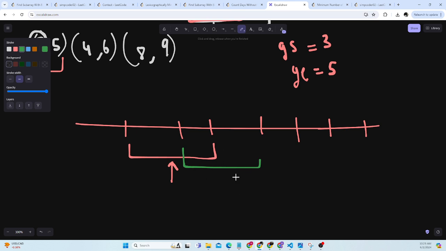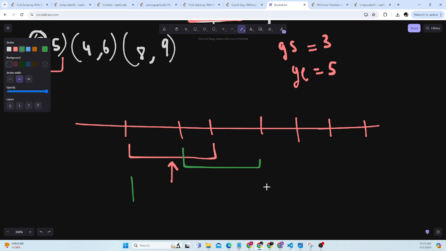In this case, if they overlap, then we'll consider a new interval starting at this and ending at this. If two meetings are overlapping, we'll take the min of both the starts, and we'll take the max of both the ends. In this way, we'll cover all the ranges in which a meeting was done.